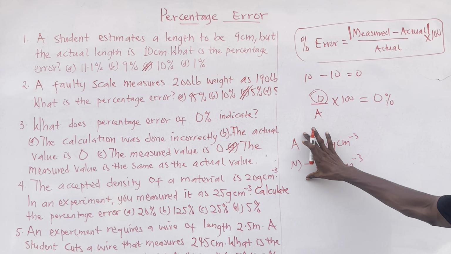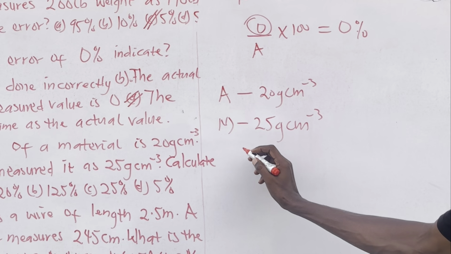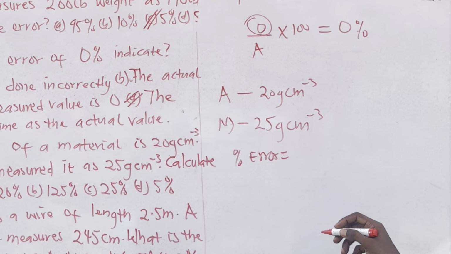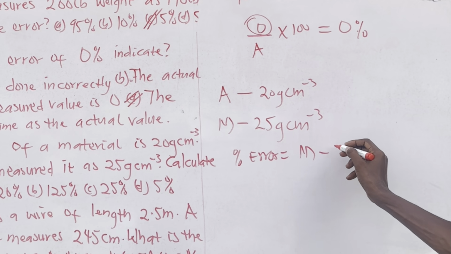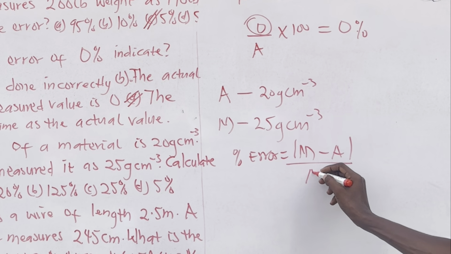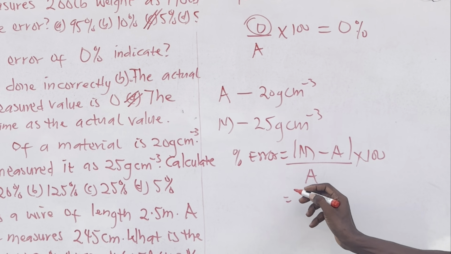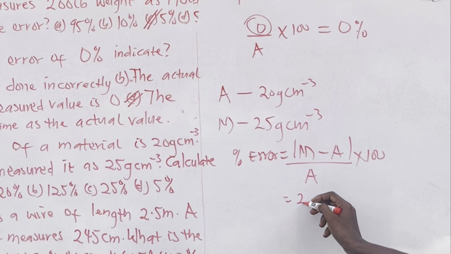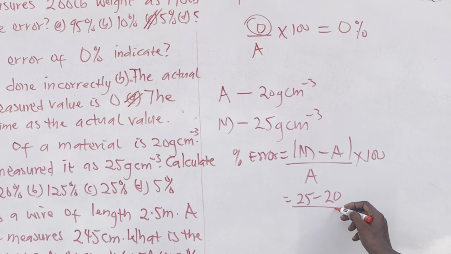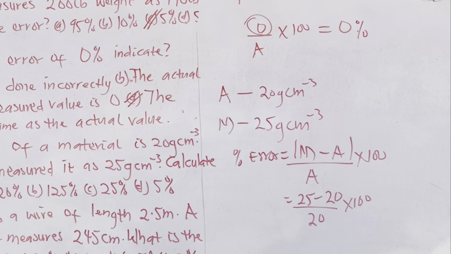Actual and measured. Once we have this, we'll have everything to get our answer. So percentage error equals measured minus actual, remember absolute value, over actual times 100. So our measured is 25 minus actual 20 over actual 20 times 100.